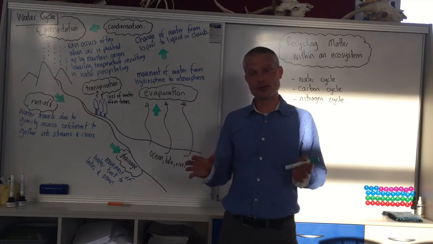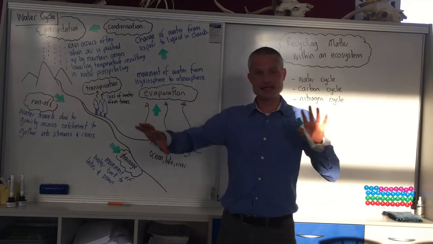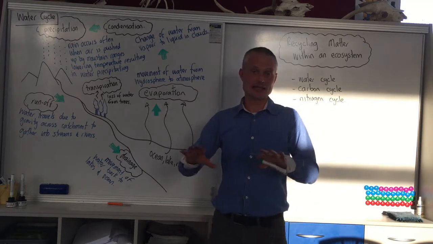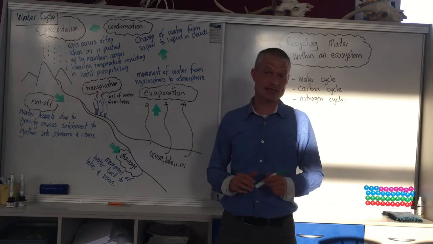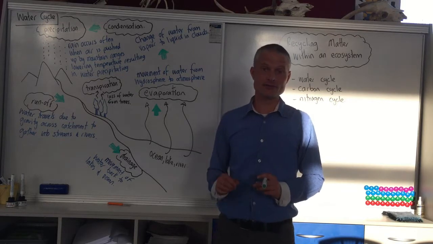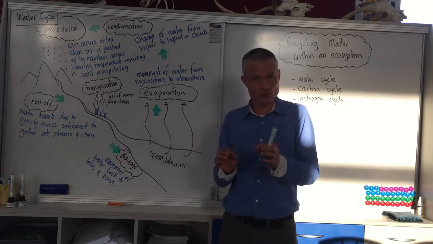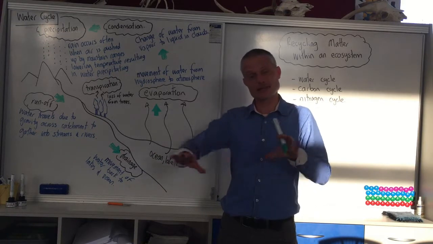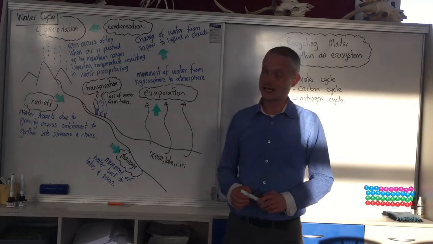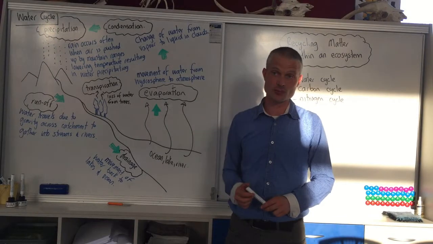And that bloom of algae can result in everything getting covered in a yucky kind of green sludge, and that changes the habitat for the other living things that are in that river or lake, and they can no longer find homes under the stones or in the sand as they used to, because it's covered in a green sludge, and some of those algae can become toxic as well.